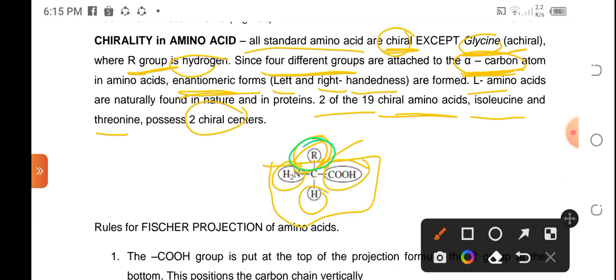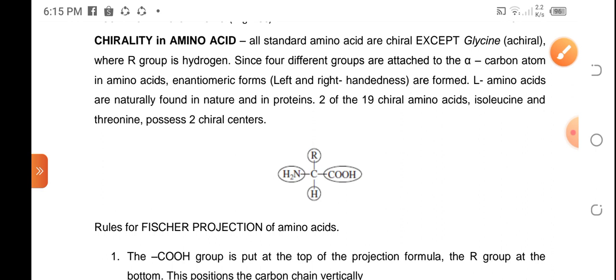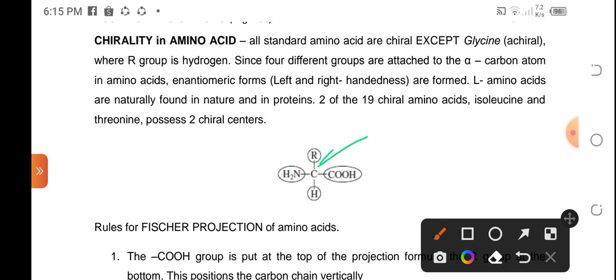Okay? So, with this, sabi natin dun sa chirality, of course, the reference should be a carbon atom. That carbon atom should be having 4 single bonds bearing 4 different groups. At nasatisfy naman yan dito sa ating alpha carbon atom in amino acid.